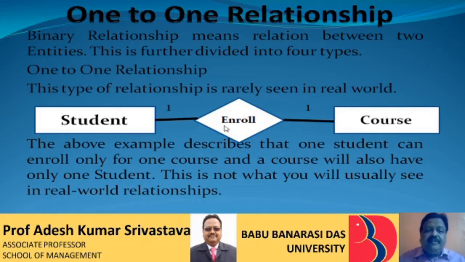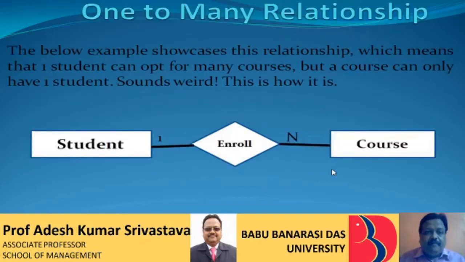There may not be more than one student who opts for that course, nor can there be more than one course for a student. So it is a rare relationship in the real world. Now the one to many relationship. The example below showcases that one student can opt for many courses, but a course can only have one student.